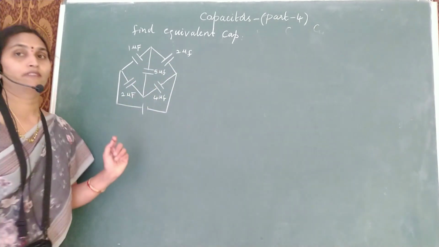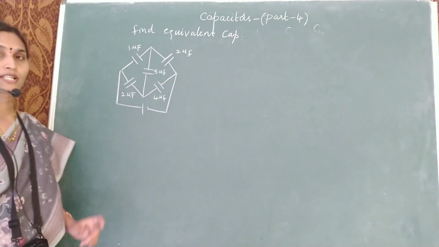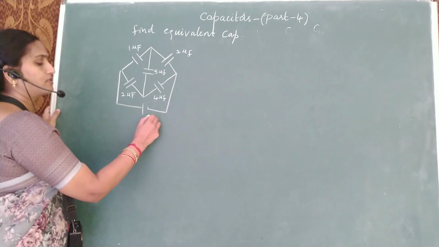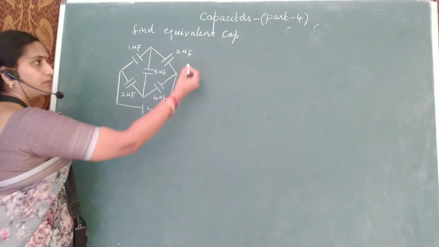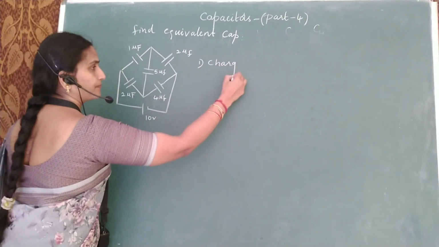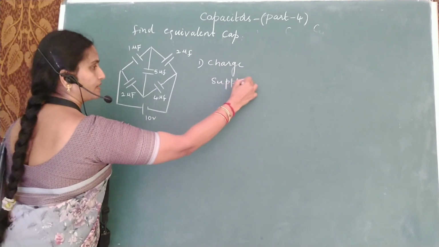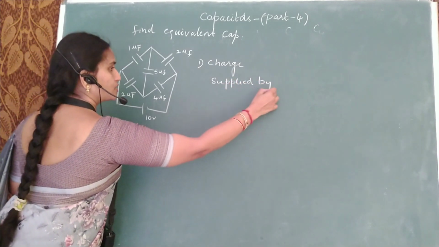Okay, this is how the values of capacitance are given, and the question is you have to find out the equivalent capacitance. So I may give the voltage also, say let the voltage be 10 volts. So I may ask you more number of questions. Find the charge supplied by the battery. This can also be a question.